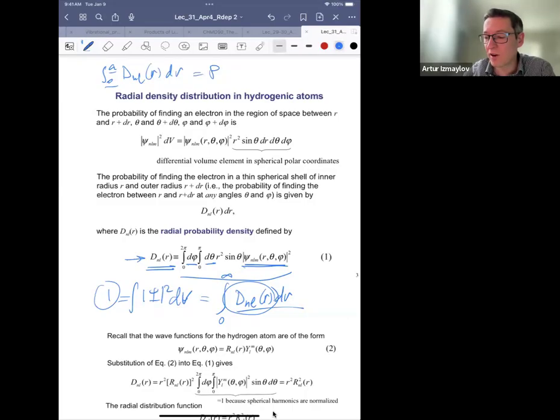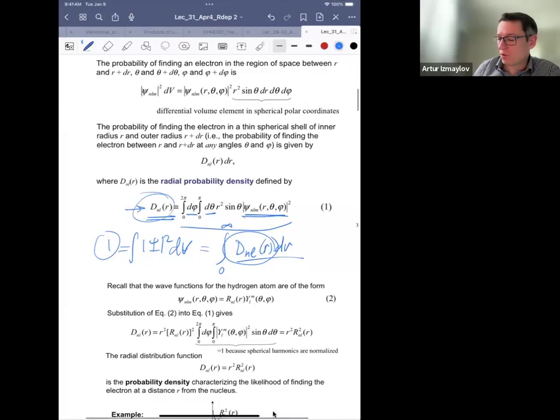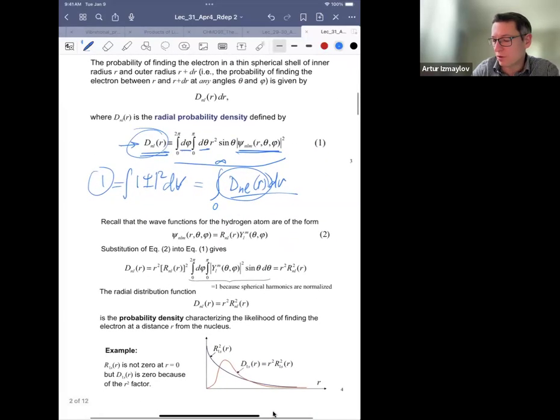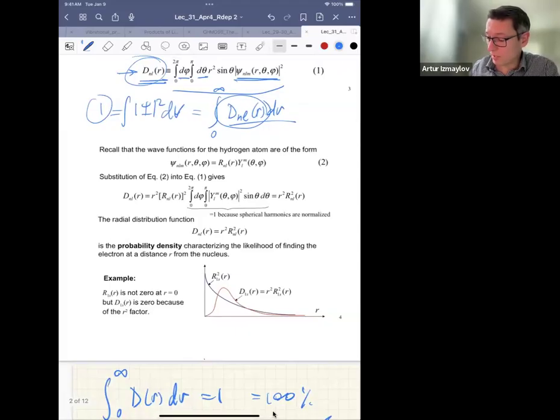So that's the probability of finding the electron radially between 0 and A. That's why this quantity is very useful, and it also incorporates all the Jacobian stuff. And here is some illustration of how this D function of r behaves.